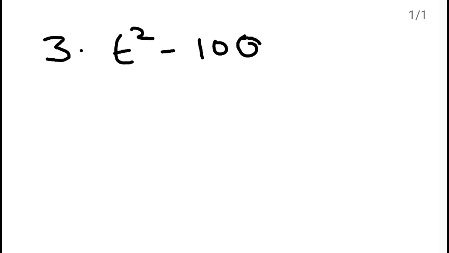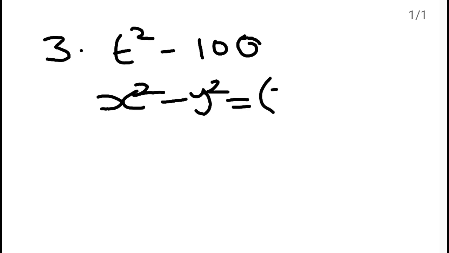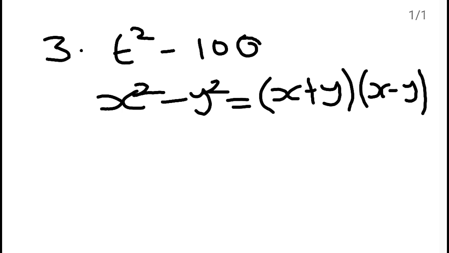So still we shall be comparing with x squared minus y squared, which is the general formula, and it's the same as x plus y multiplied by x minus y. You can begin with x minus y, or you can begin with x plus y. There's no problem there, so long as the two are separated by a plus and a minus. In any way you can put it, that will be right.